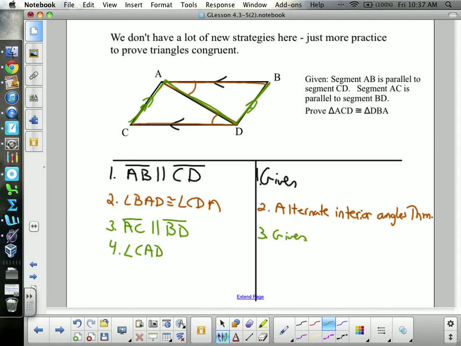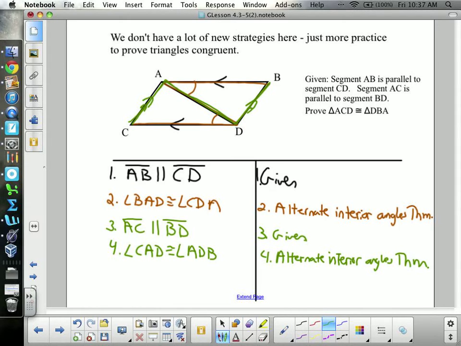Angle CAD is congruent to angle ADB. Okay? And again, same reason, alternate interior angles theorem.